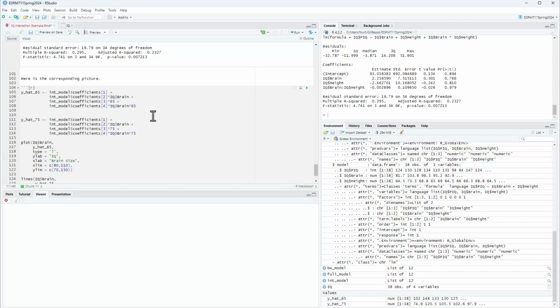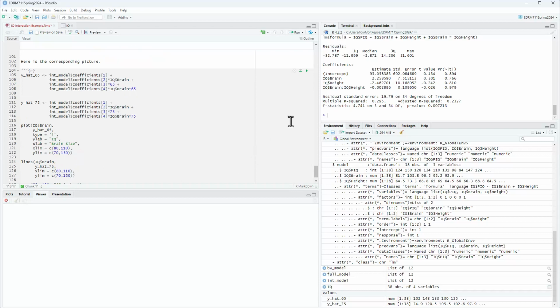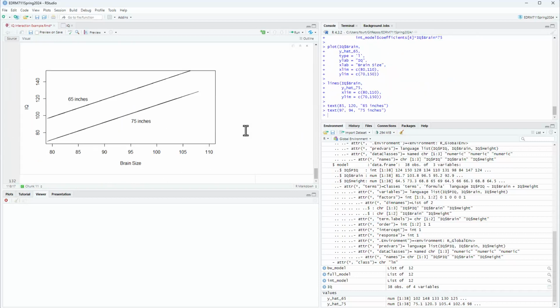I want brain size to vary, but I want to keep height constant. And down here, everything's identical, except that we put in a 75 instead of a 65 to get a prediction for IQ when the height is held constant at 75. And then I do my plot and my line, and what do I get?